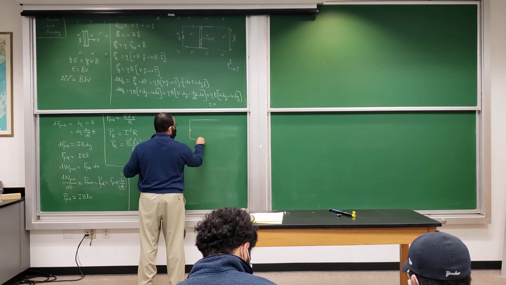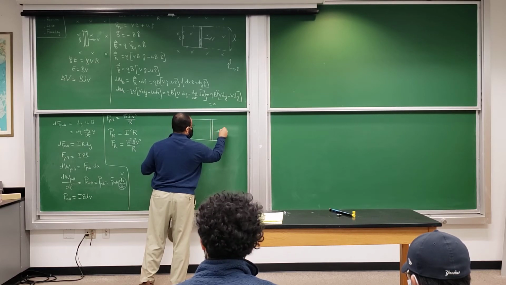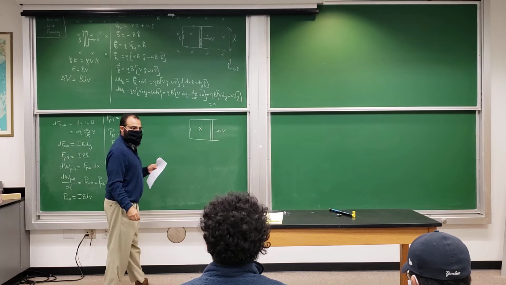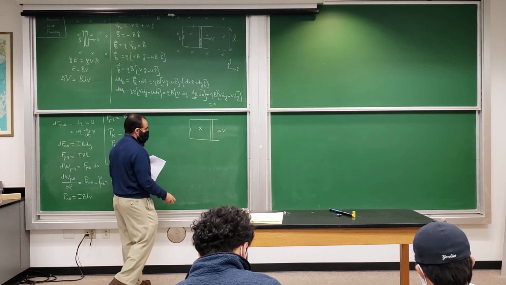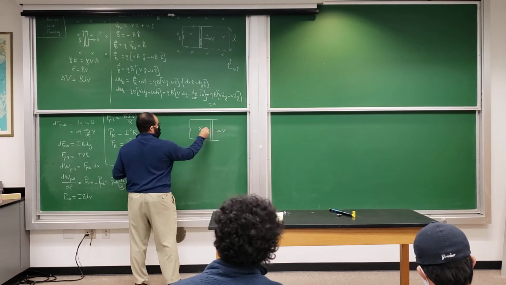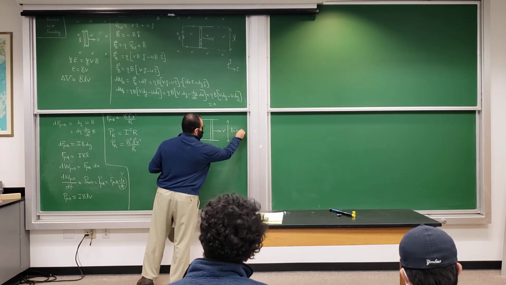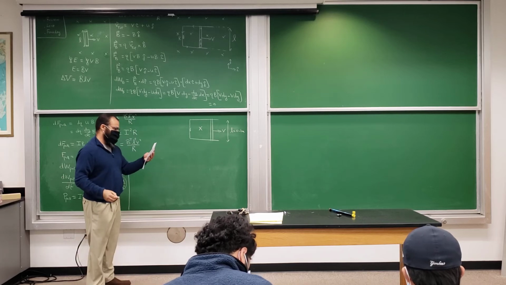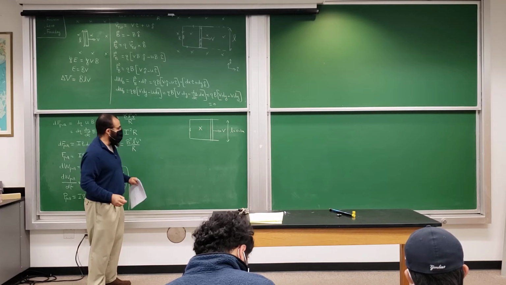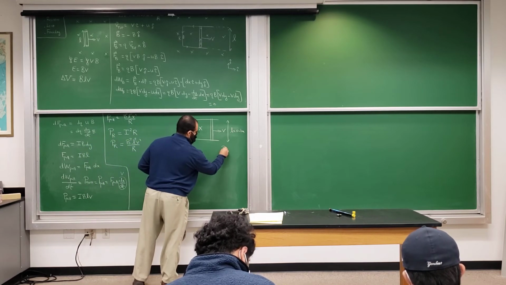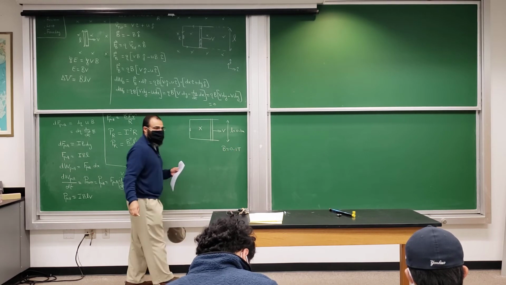You have a resistor here, and you're pulling with a velocity v. I'm not going to draw a bunch of field lines, but there is a magnetic field into the board. And the length from here to here is L equal to 0.1 meters. Suppose the magnetic field B is 0.1 Tesla.